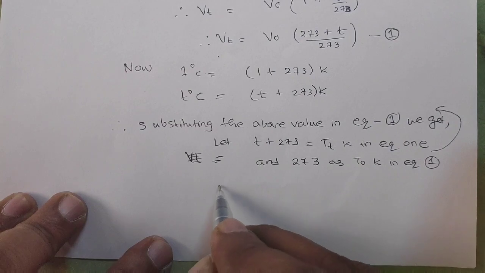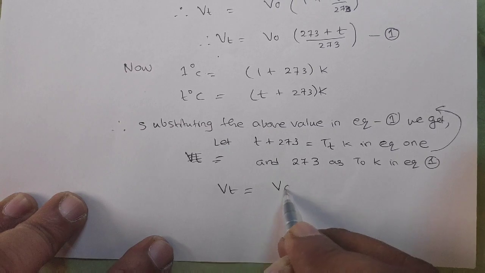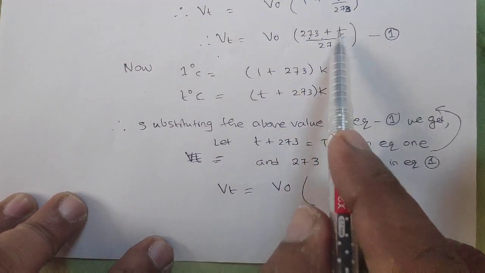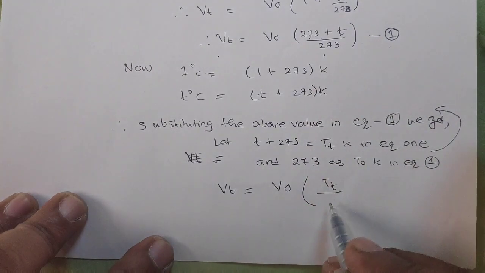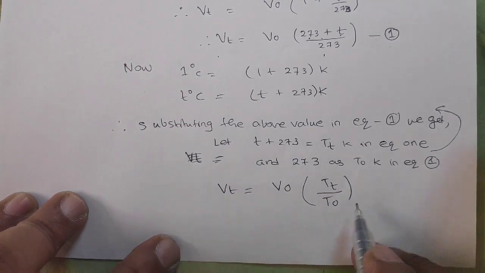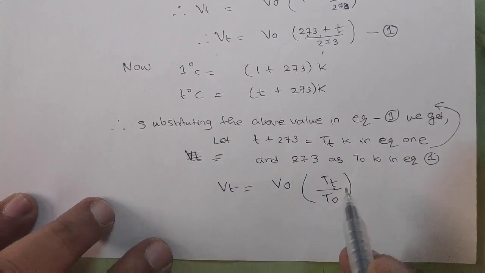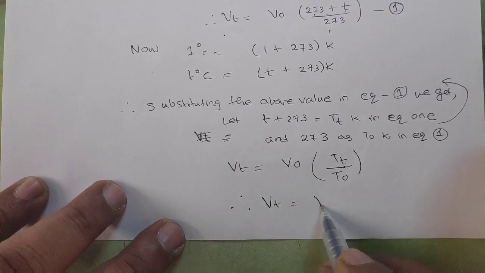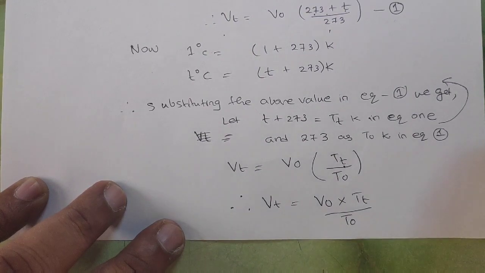Vt is equal to V0 into, instead of 273 plus T, I can write Tt, and instead of 273 I can write T0. Therefore Vt is equal to V0 into Tt upon T0.